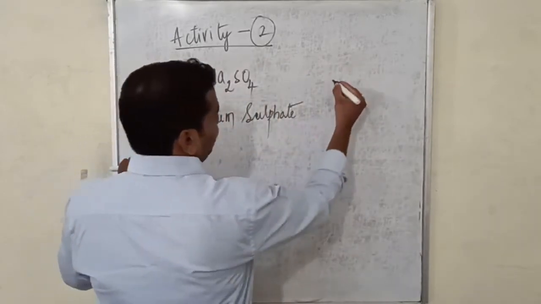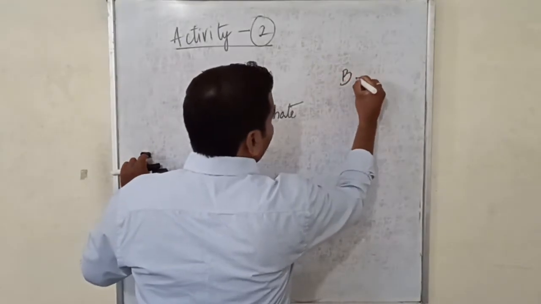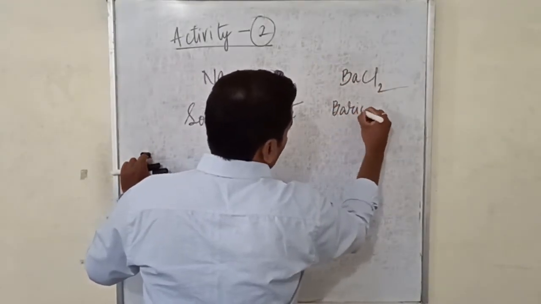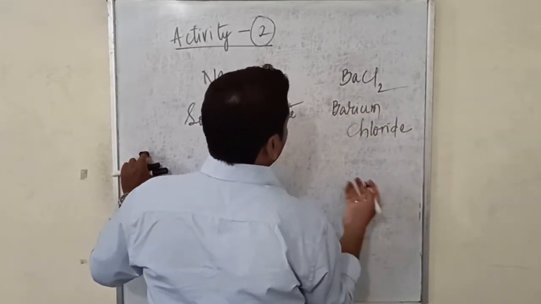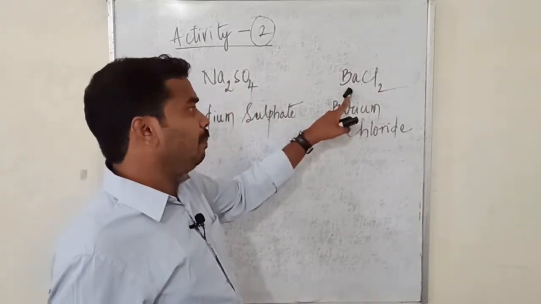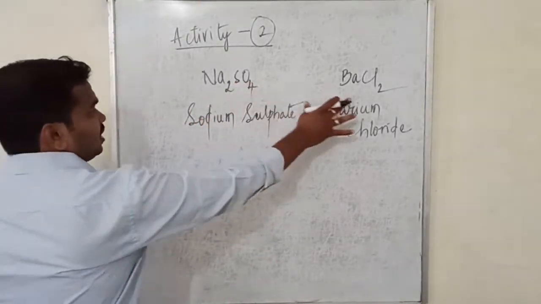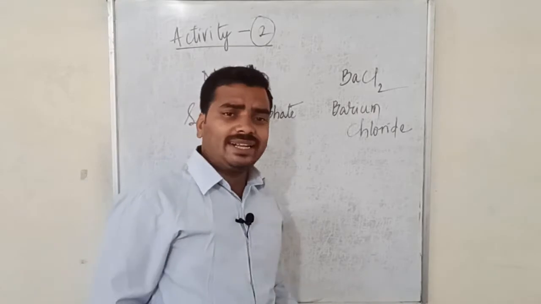Sodium sulfate and barium chloride are salts basically. BaCl2 is barium chloride. These compounds are formed by using their respective ions: Na plus 1, SO4 minus 2, Ba plus 2, Cl minus 1. So these are the 2 salts which we are going to consider to carry out this activity number 2.